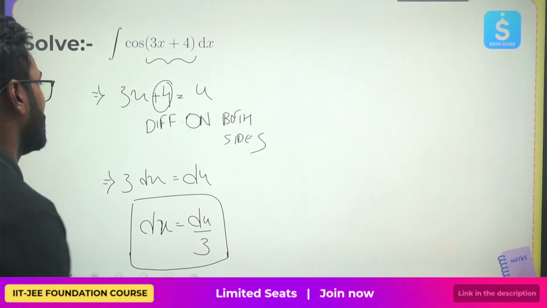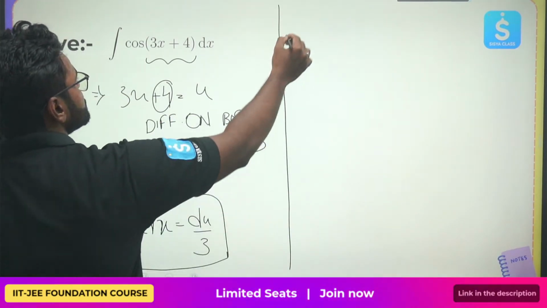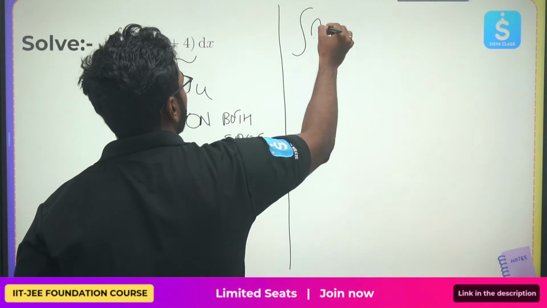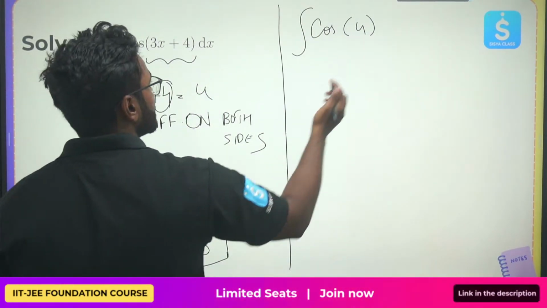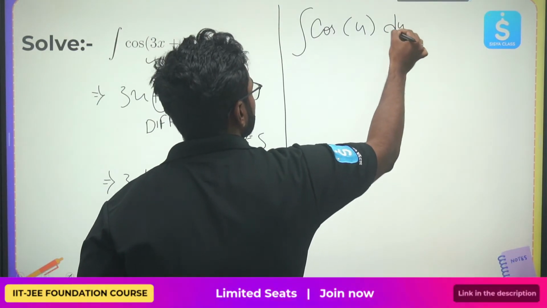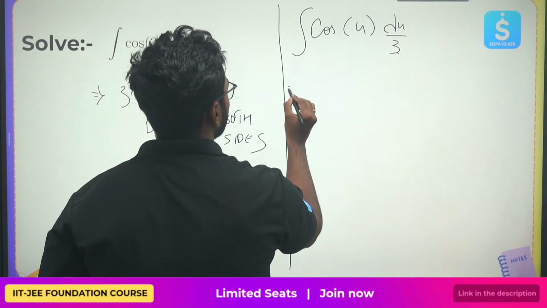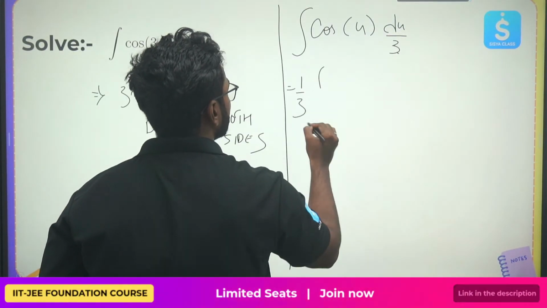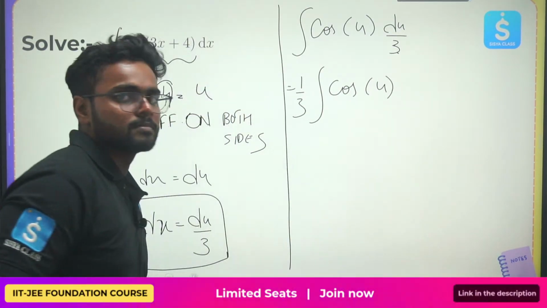Got it? Now, can we put this in the equation now? Integral of cos u, with dx equal to du by 3. If I take this 3 outside, it should be 1 by 3 integral of cos u. Right?